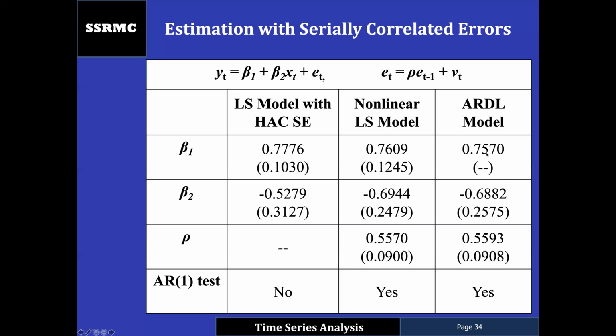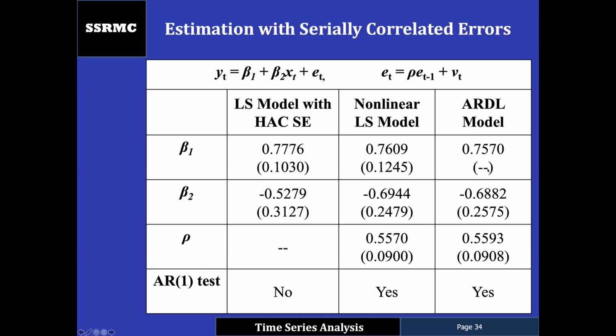You may notice that the coefficient estimates are quite similar between these two sets. It's simply because the estimation process and the specification assumptions are very similar between those two. Also, the test results for rho are quite similar as well.